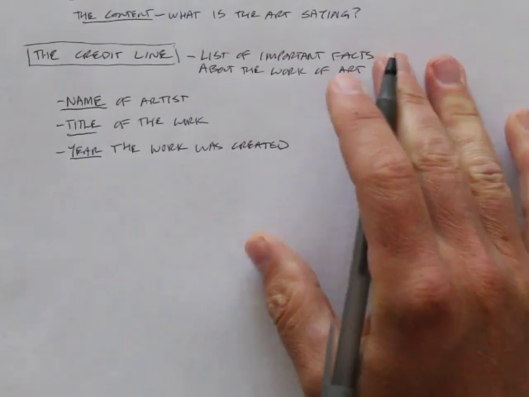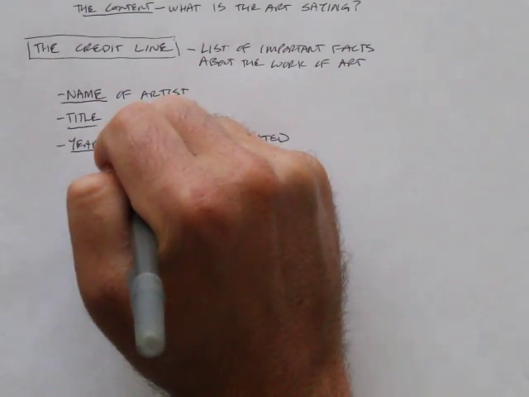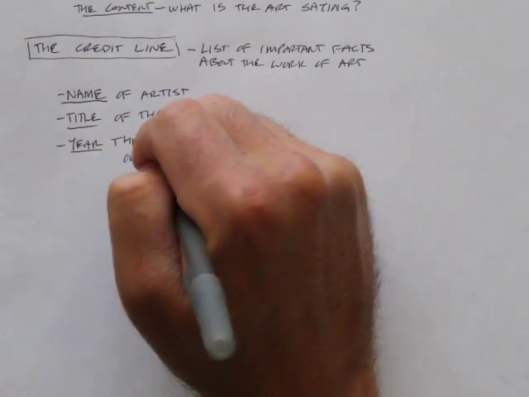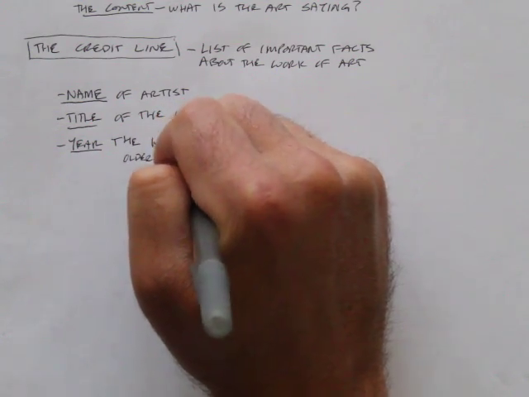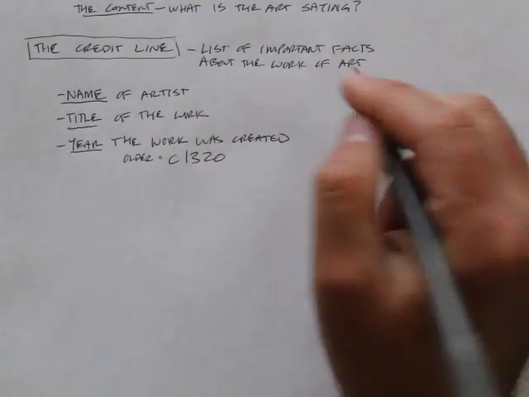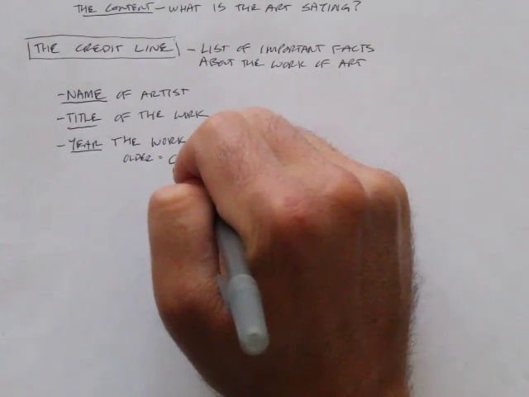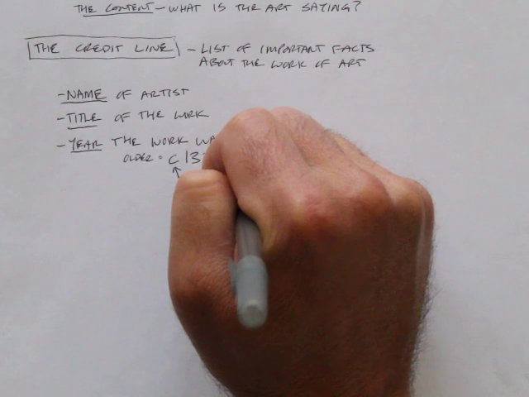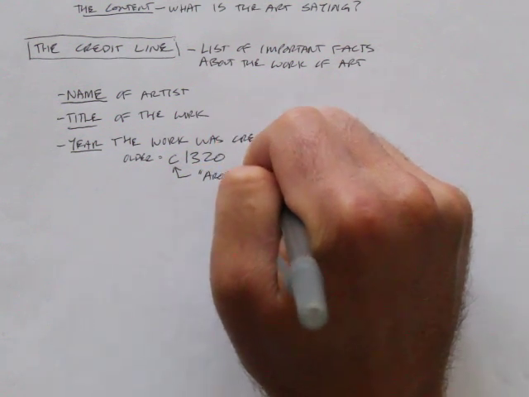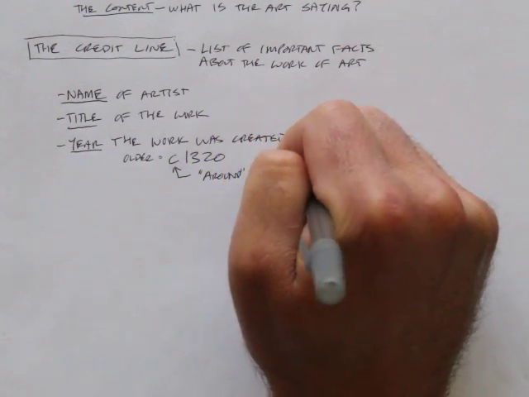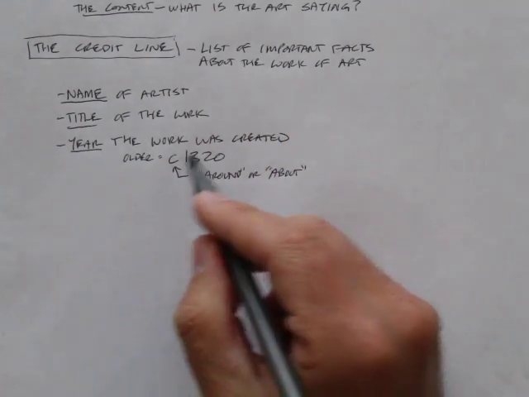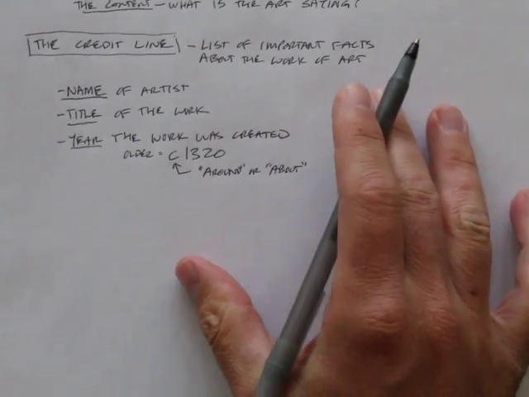That should be included in the credit line. Some of the older works will say something like c. 1320, something like that. This c right here means it's circa, which means around or about, or approximately. It was created around this time.